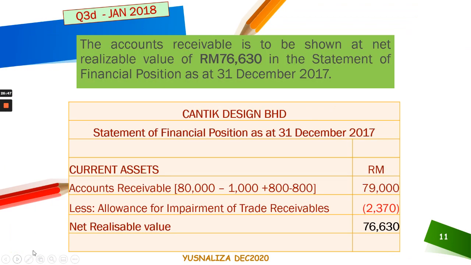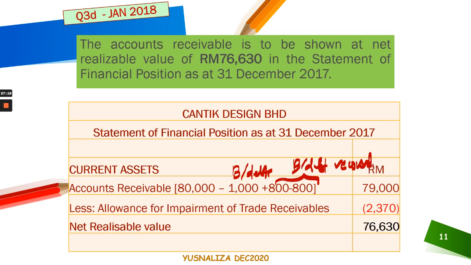Next, you also need to advise, or propose to the directors, what the net realizable value of the account receivable to be shown in the statement of financial position is, and it would be 79,000, where 1,000 here refers to bad debt, and this refers to the bad debts that you recovered.